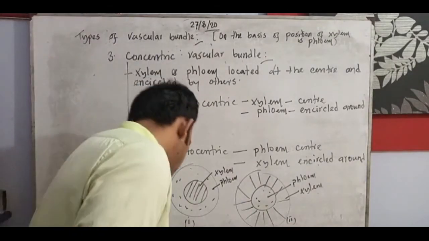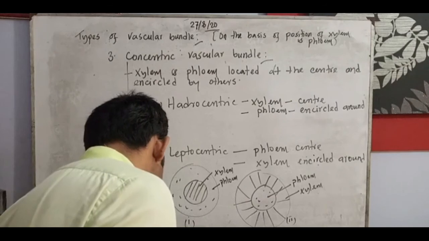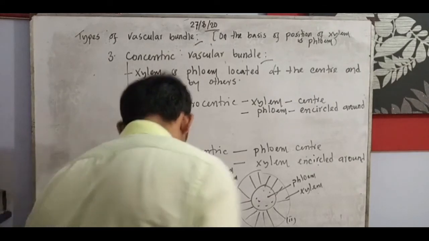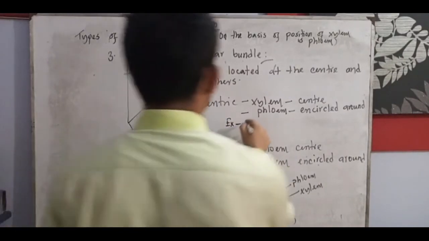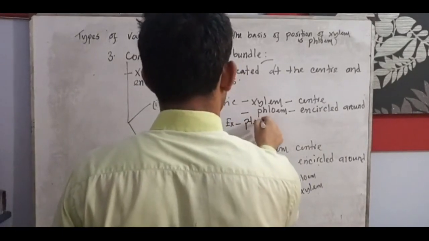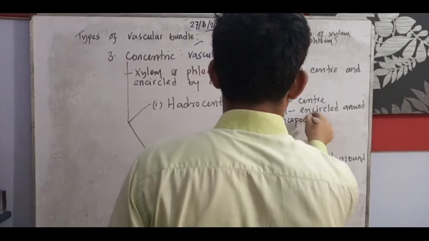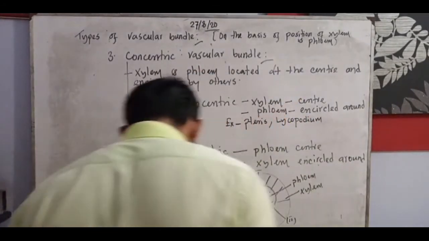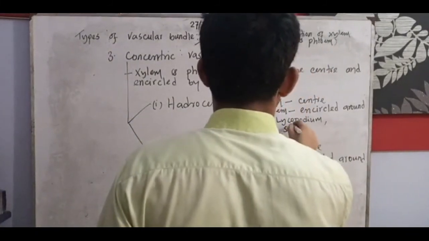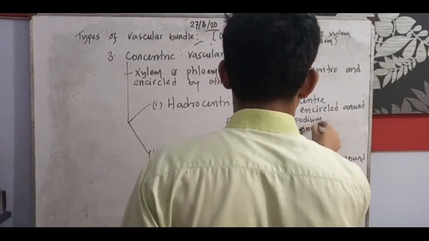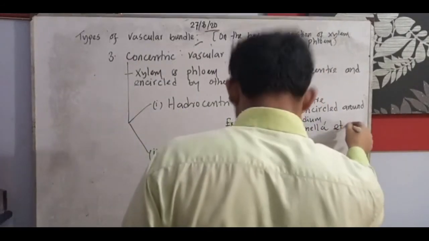And another thing I make sure here, Pteris, Selaginella, Lycopodium are the examples. Pteris example is important. This example is for MCQ and SQ. Pteris, Lycopodium, and another one Selaginella are the examples of hydrocentric, we can write.